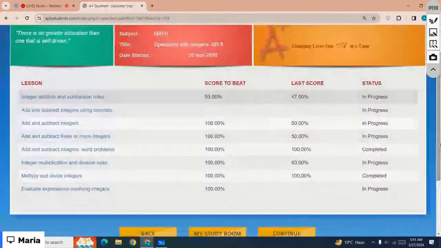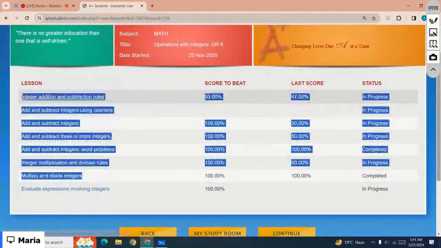The chapter we were working on is operations with integers, and the lessons we covered today are integer addition and subtraction rules, add and subtract integers using counters, add and subtract integers, add and subtract three or more integers, word problems you have to do on your own, integer multiplication and division rules, and multiply and divide integers, right? Please make sure that before the next session you complete all the practice questions for the lessons we did today. That is your homework until the next session, right?